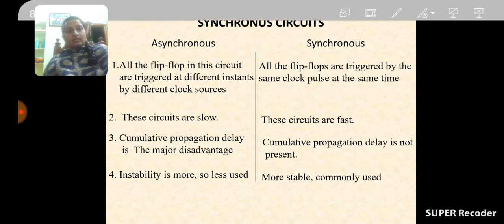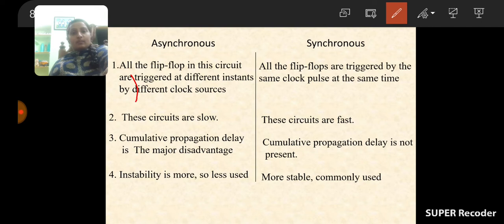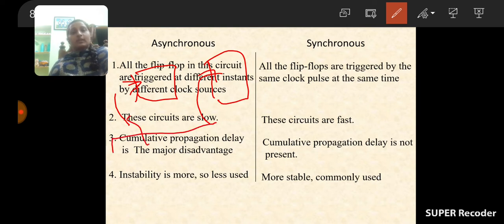See the diagram. For example, in asynchronous, two flip-flops are there. The two flip-flops are clocked individually, and different clock pulses are applied. But in synchronous, the same clock pulse is applied to flip-flop 1 and also flip-flop 2.